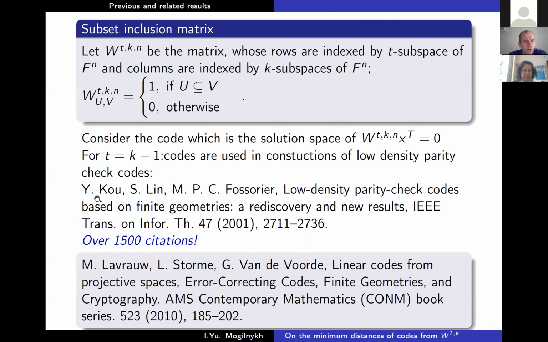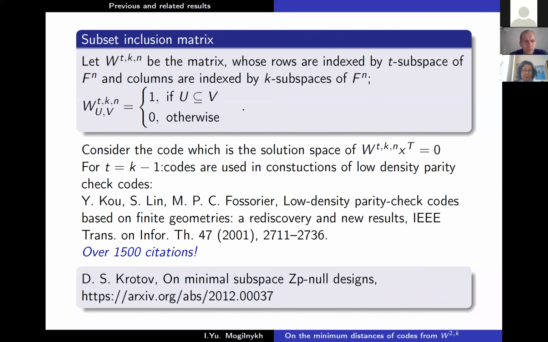I refer to the work of Cao, Lin, and Fu, which has over 1,500 citations. For further generalizations of these codes and their properties, including minimum distances, I refer to works of Lavrauw, Storme, and Van de Voorde, and also work by Krotov.